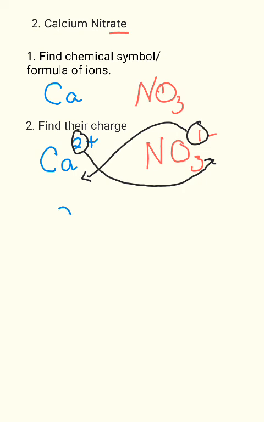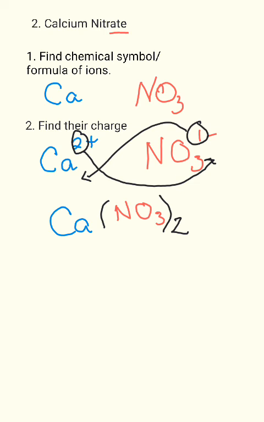Calcium, we don't need to write the 1, parentheses, NO3, and then, whoops, let me erase that. There we go. And then outside of that goes the 2. Okay, so there's our compound, calcium nitrate.